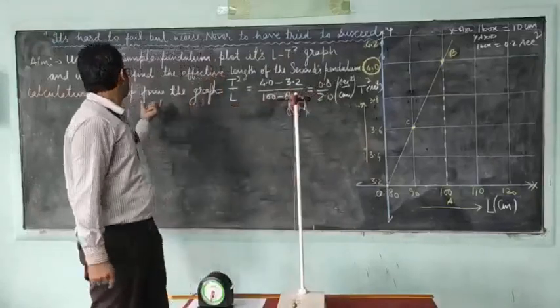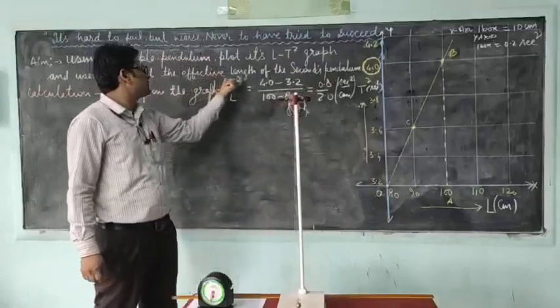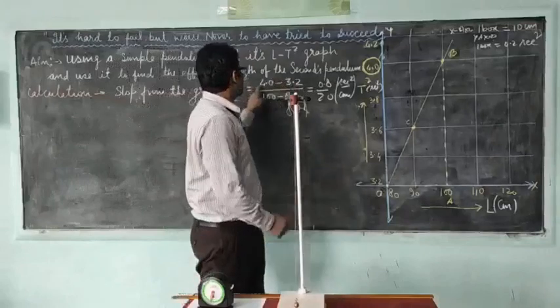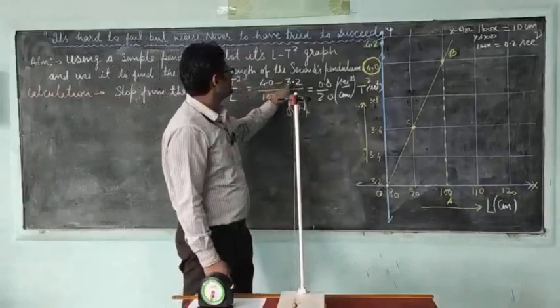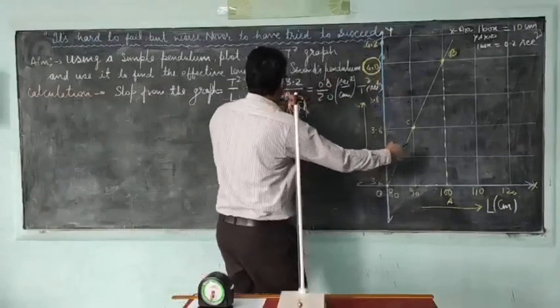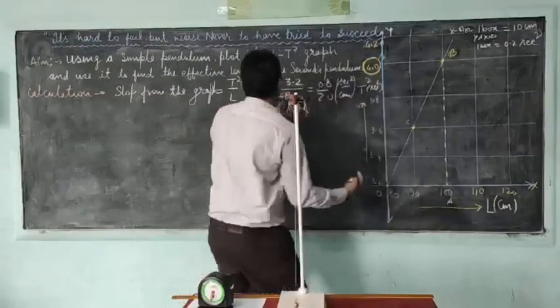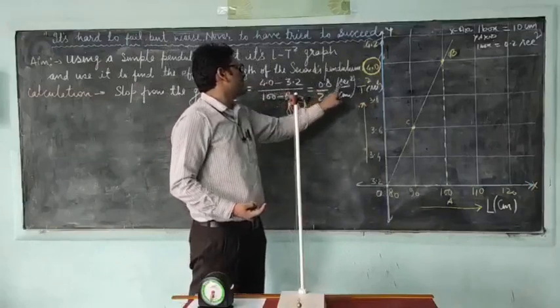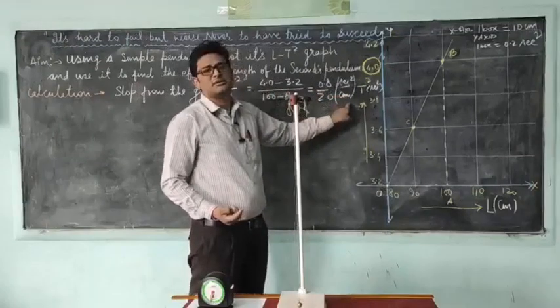Then we will put the values: 4.0 minus 3.2 divided by 100 minus 80. So that is 0.8 upon 20 second square per centimeter.